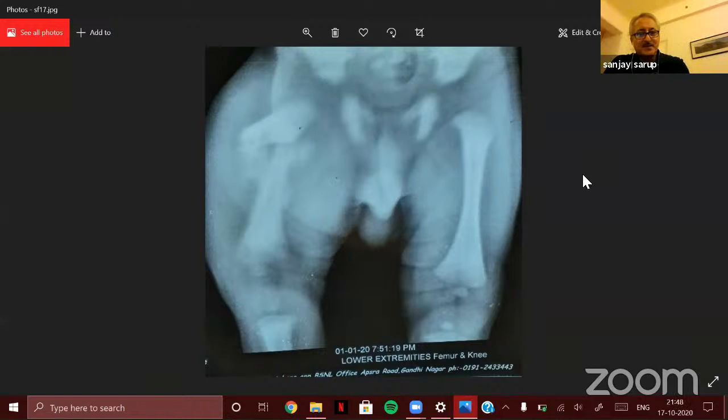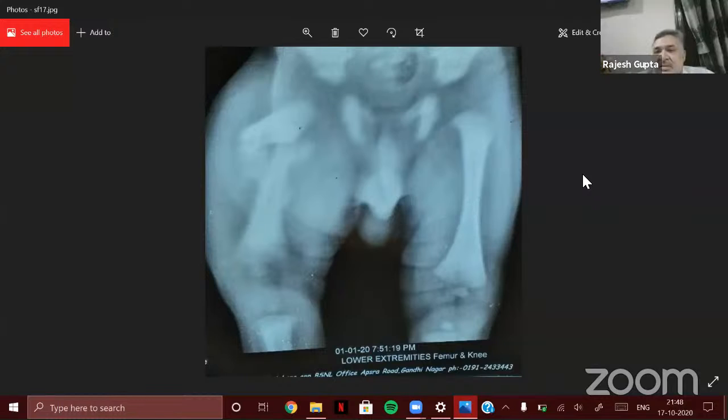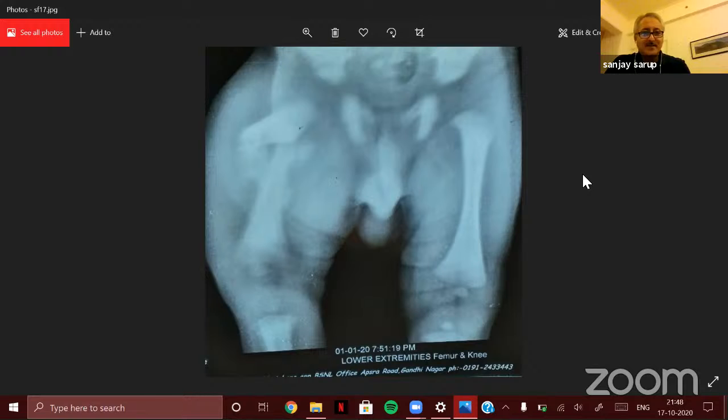Since it's a PG teaching, we must tell the PGs that you should refrain from criticizing everybody else's X-ray, which is very common, because that creates a big problem. They should remember that those who live in glass houses should not cast stones upon others. If that is done, then half the problems will be over. It's absolutely fine to have an X-ray like this, and it will be totally okay.